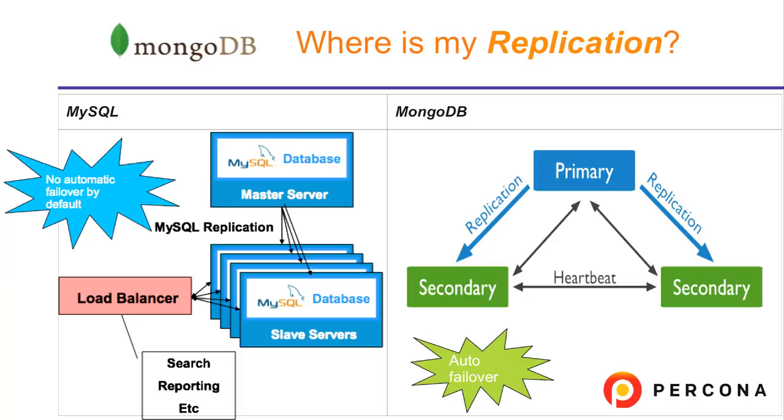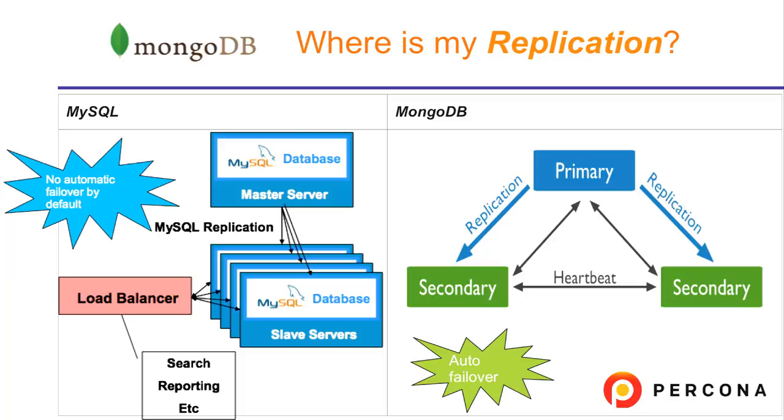Now, why is it so easy in MongoDB and so hard in MySQL? Because of multiple things. First of all, in MongoDB, people never talk about transactions and consistency because there's no transaction and there's eventual consistency in MongoDB. So if we fail over from the master to the slave, that will probably be okay.